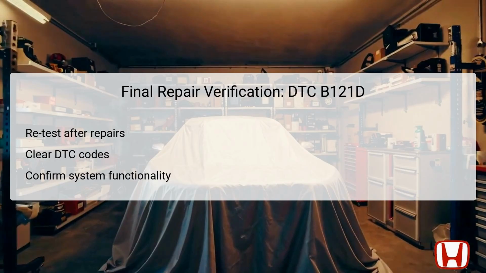This ensures that the system is no longer encountering communication errors. Additionally, conduct a thorough check of the climate control functionality to confirm that it has restored its operational integrity. Performing these steps is essential for ensuring a comprehensive solution has been executed, guaranteeing driver comfort and system reliability.